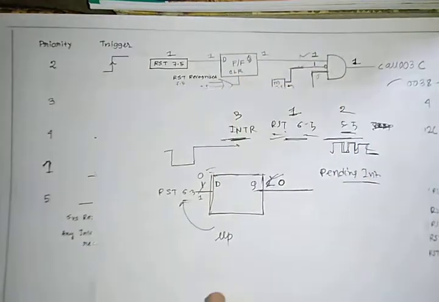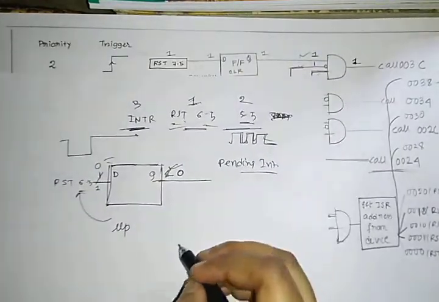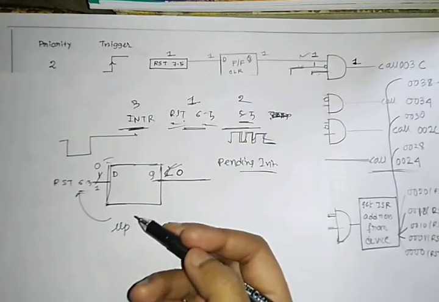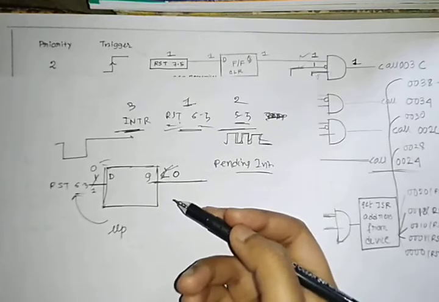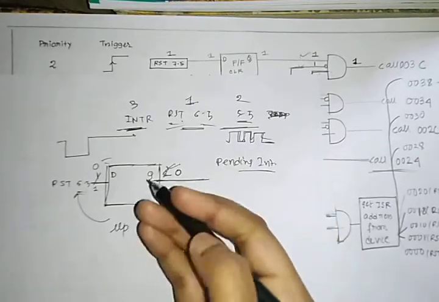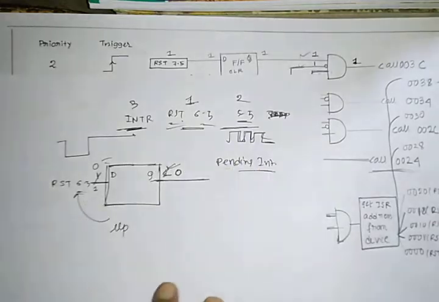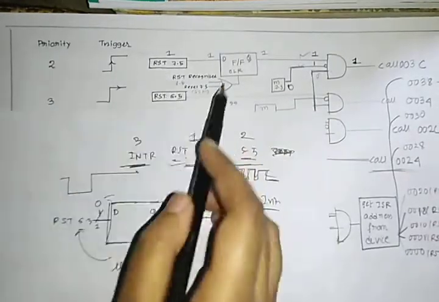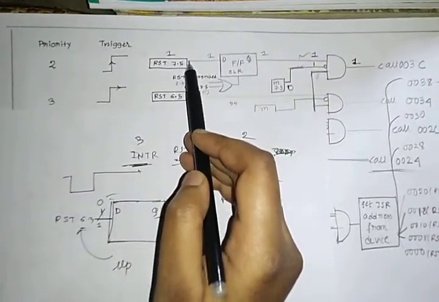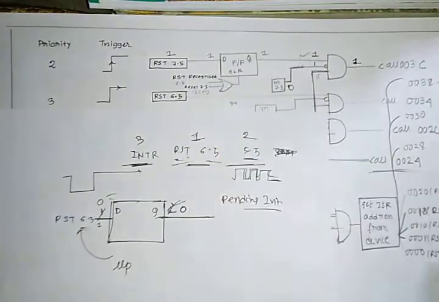What is the task of this D flip-flop here? It will just remind the MUP that you may have some interrupts, but you are busy, so you have lost that signal. But I have stored that, okay, you have something, you have to go check there and execute. I'm just giving this example. So it's RST 7.5. This signal gives you 1.